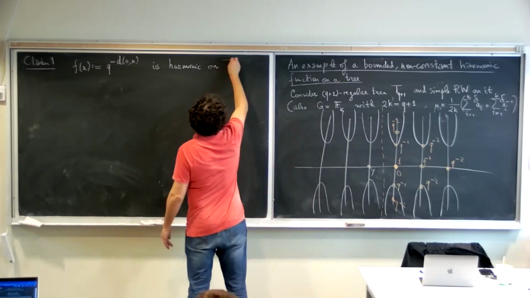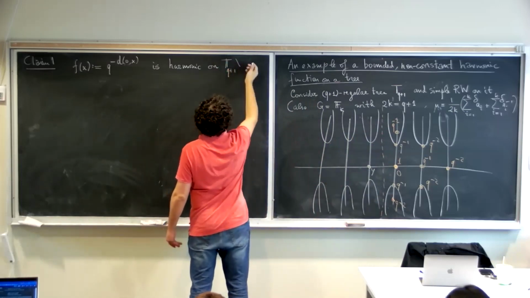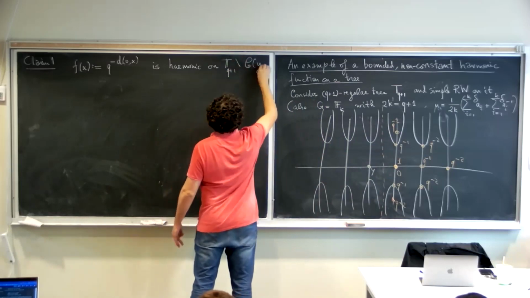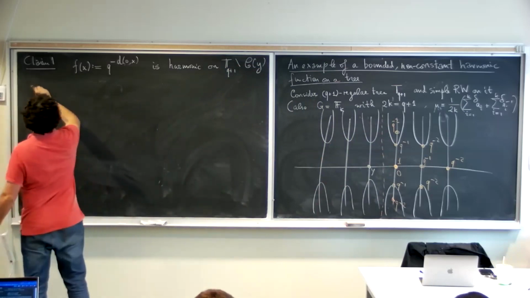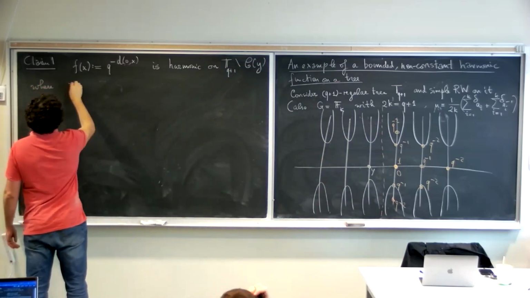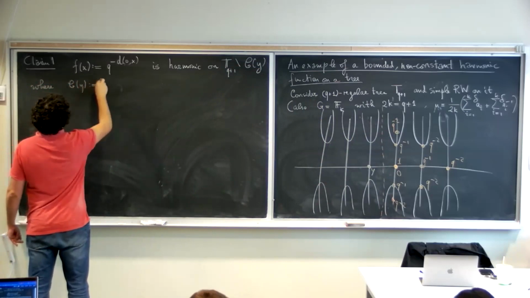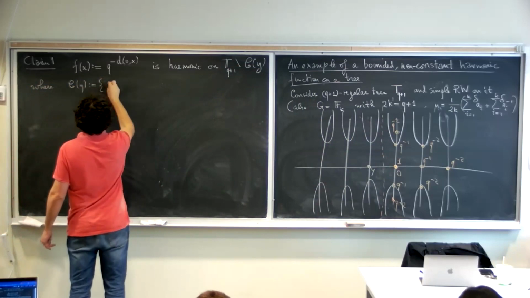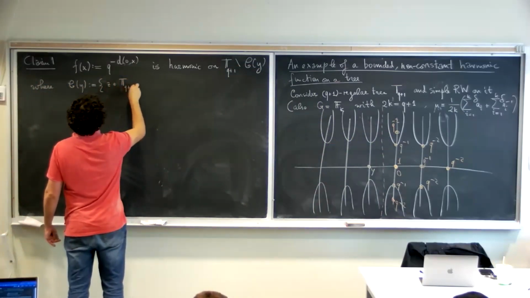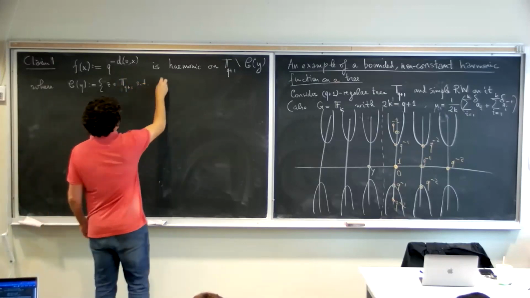So this is T_{q+1} minus what is usually called the shadow or the cylinder set of y, where in general we can call C of y all the nodes in the tree such that the geodesic from O to z contains y.